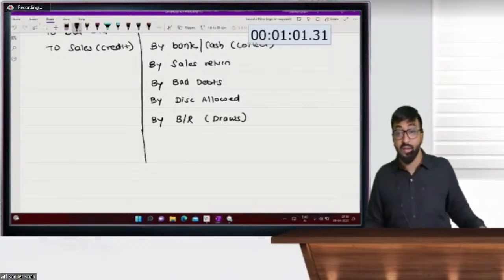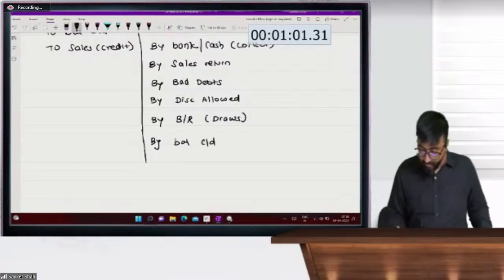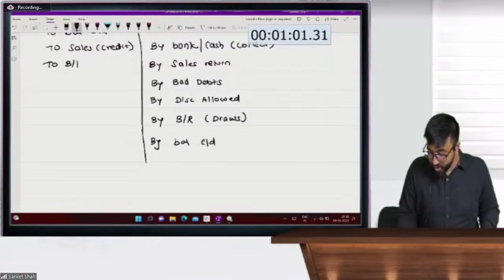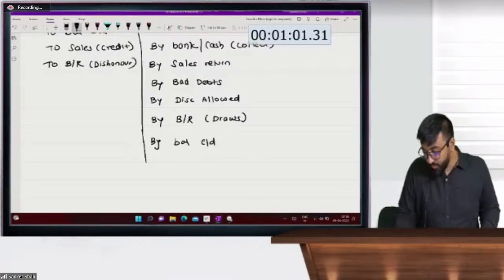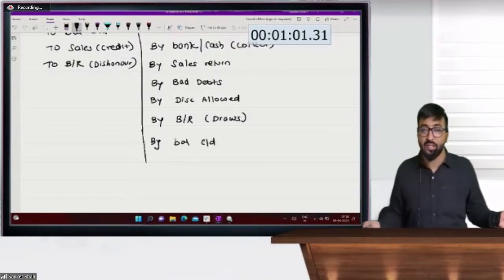Then your debtors, now only we have seen, is going to decrease. And by balance carried down. And to BR dishonor, you are going to increase your debtors when it is dishonored. Honor, bank to bills receivable, no entry.